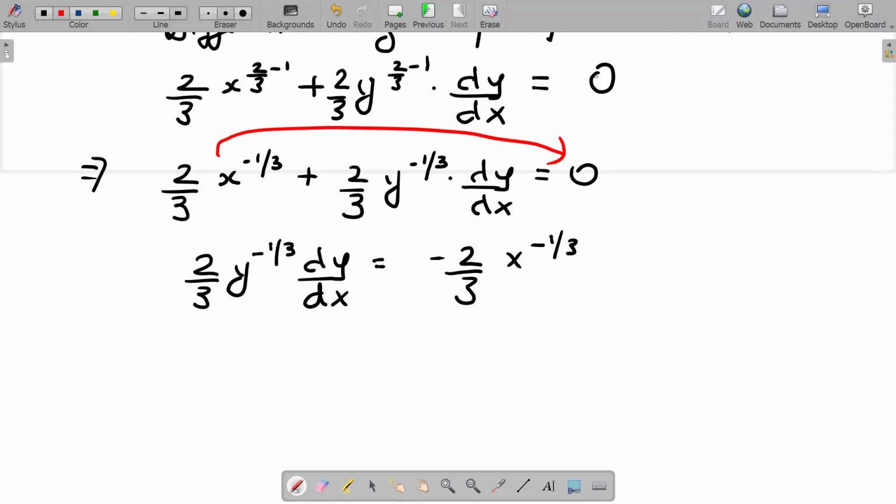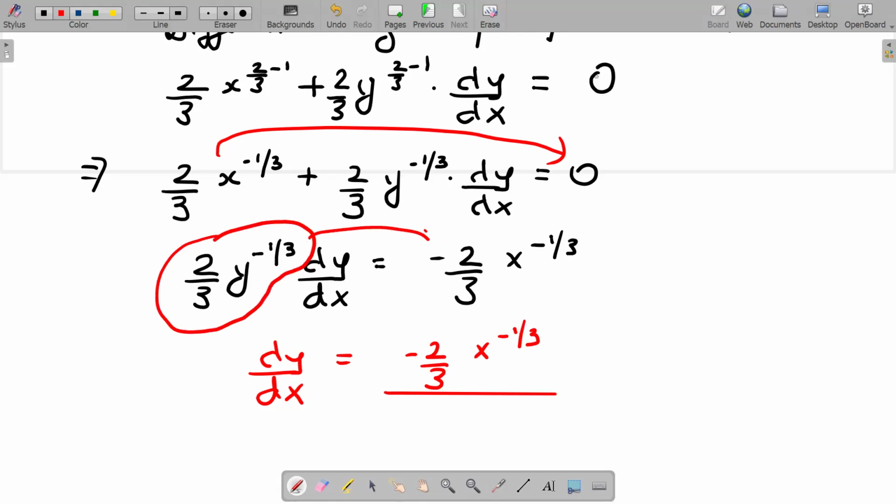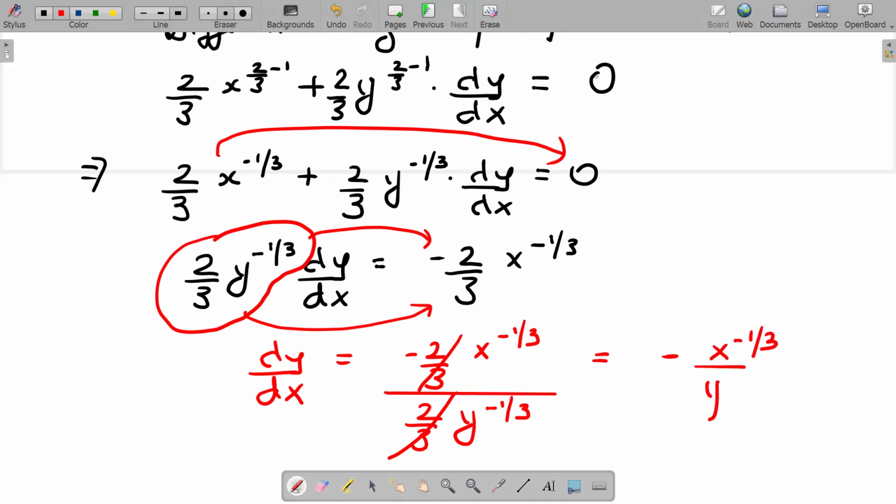Now, what do I get as dy by dx? dy by dx is nothing but negative 2/3 x to the power negative 1/3 over, I can take this term in the denominator here, 2/3 y to the power negative 1/3. Remember, this term goes in the denominator. 2/3 cancels out. What do I get? I get negative x to the power negative 1/3 over y to the power negative 1/3.